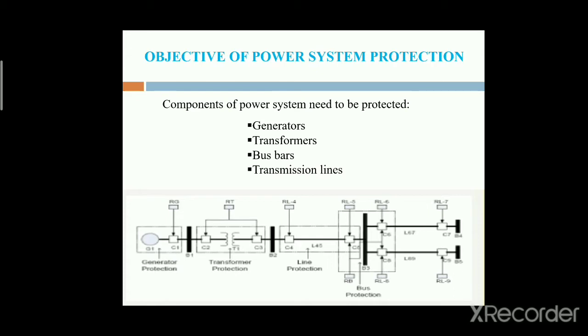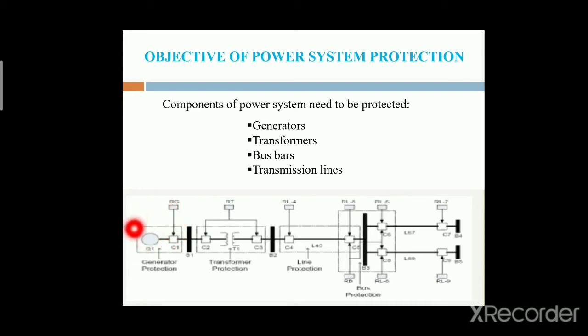That's why we give separate protection for the generators, separate protection for the transformers, separate protection for the bus bars and separate protection for the transmission lines. These are the various components of the power system that need to be protected.